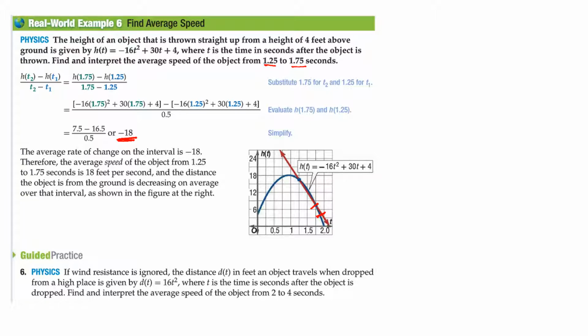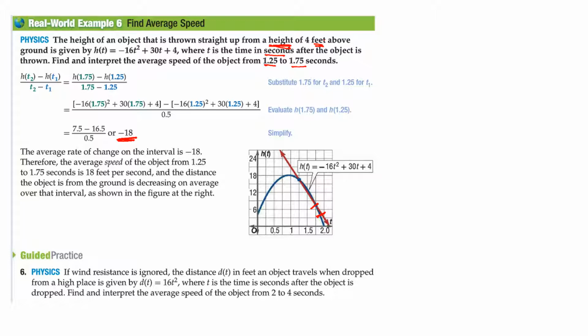And so the average speed is negative 18 feet per second, because h of t, t is time in seconds, and height is this h of t. And it's in feet, so that's feet per second. And because it's negative, we know it's falling. Kind of interesting stuff.